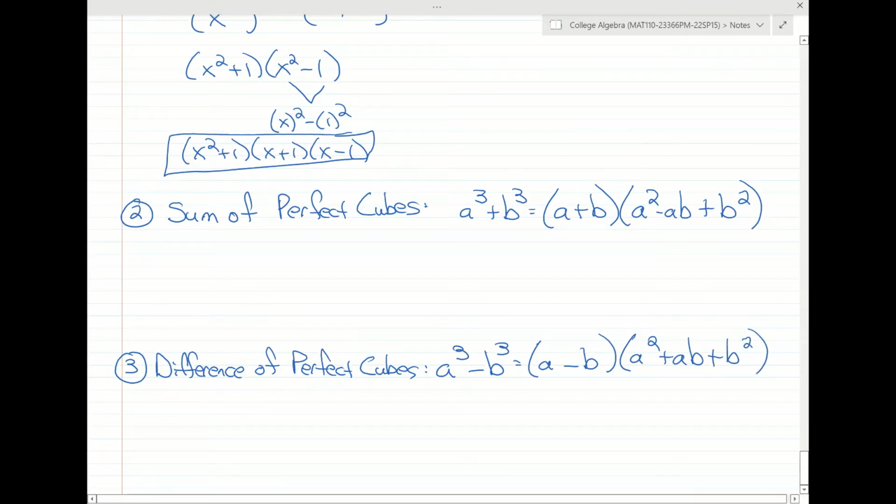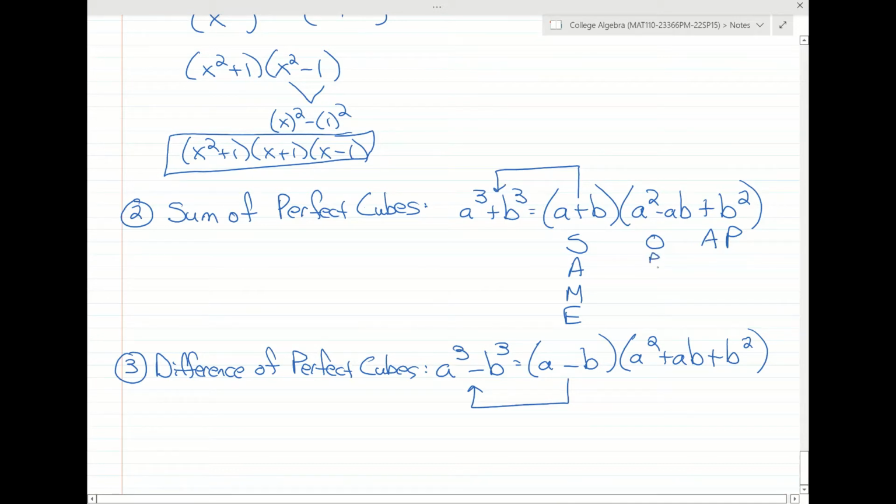I recognize these formulas are a little tricky to remember. So there's an acronym to remember them. It's called SOAP. The letters are exactly the same, but the signs: this first sign would be the same as the original. So if this is plus, this is plus. That's one way to remember it.